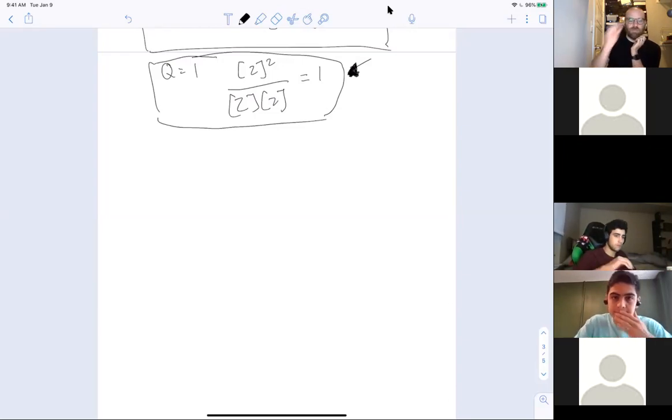I didn't do a great job of preparing you guys for this exact homework question, but this is a reasonably standard colligative property question. It's just one extra step.